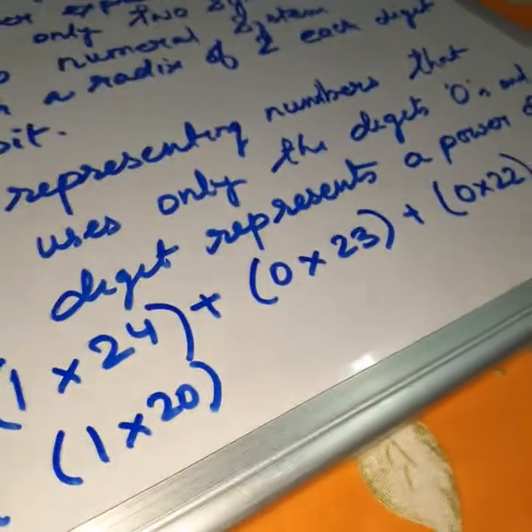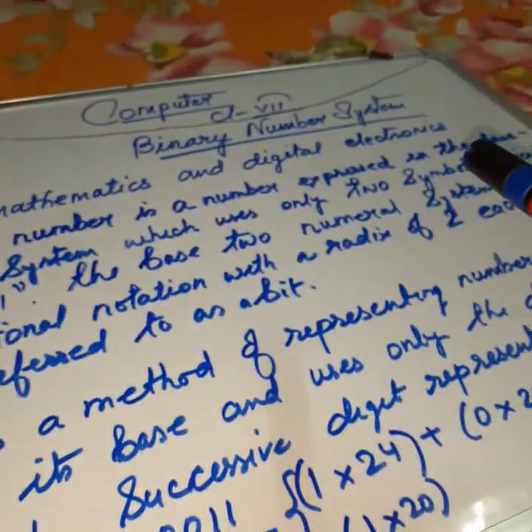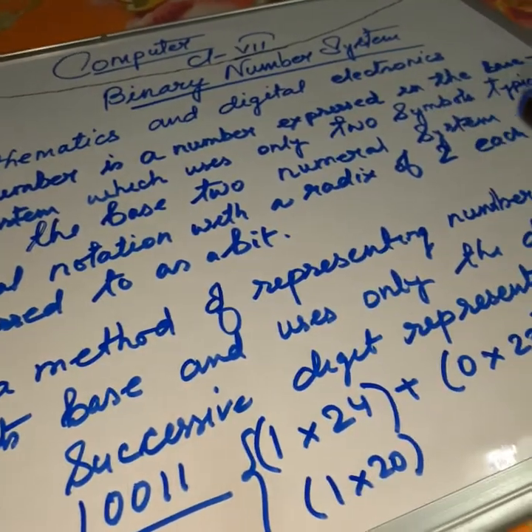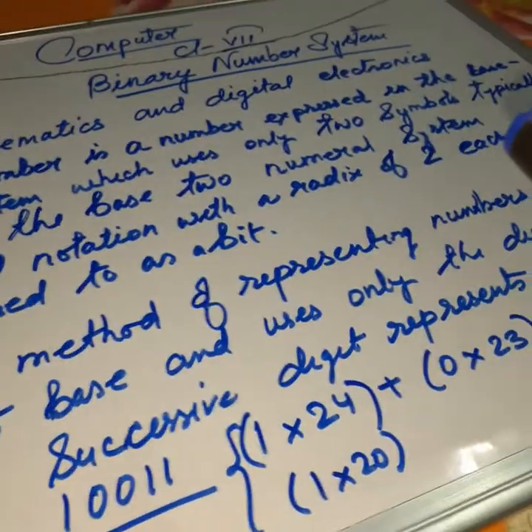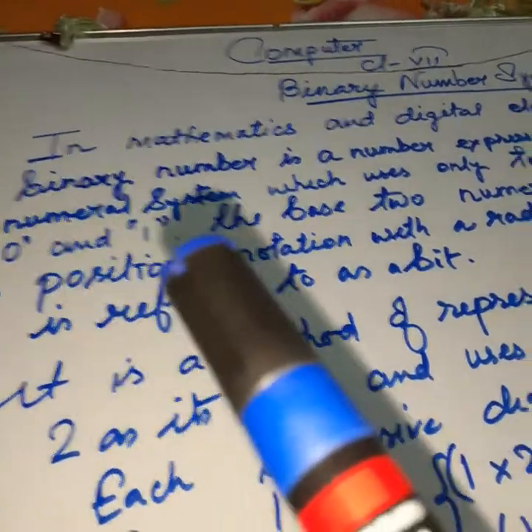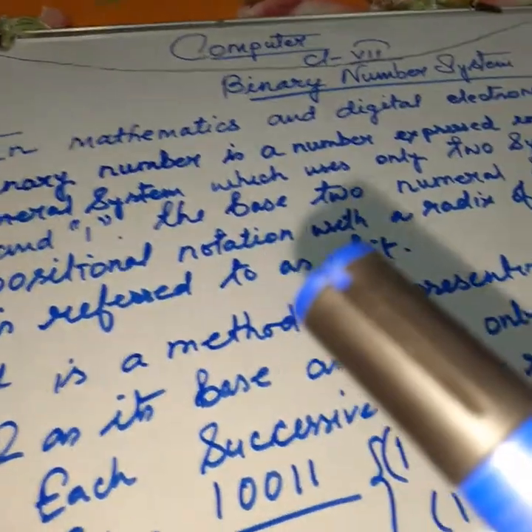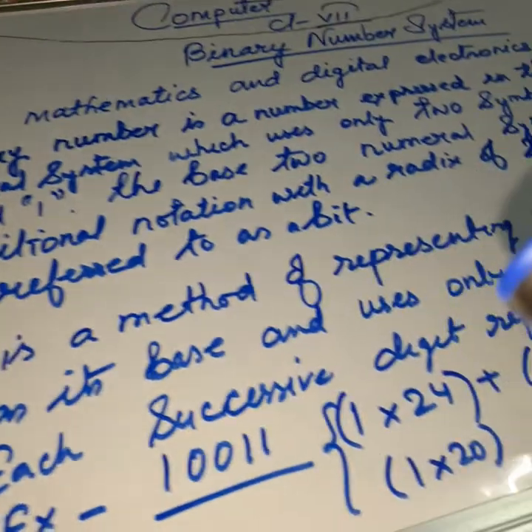Now, one more time I am reading. In mathematics and digital electronics, a binary number is a number expressed in the base 2 numeral system, which uses only two symbols, typically zeros and ones. In its positional notation with a radix of 2, each digit is referred to as a bit.